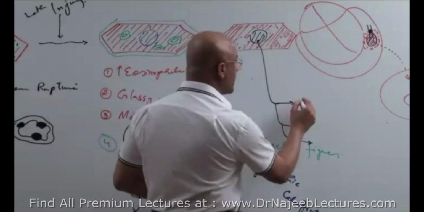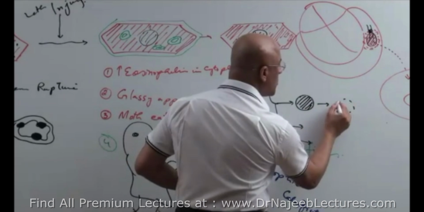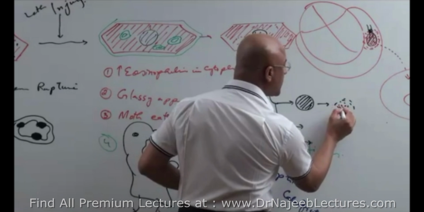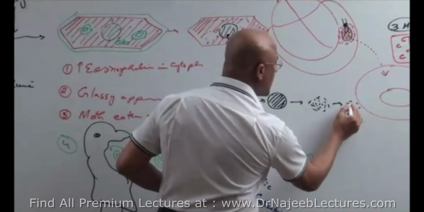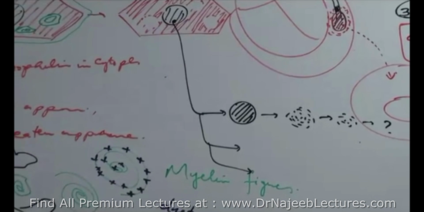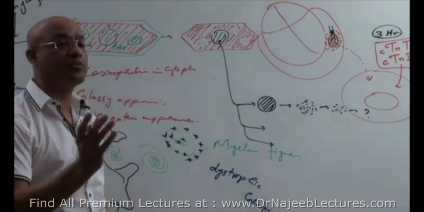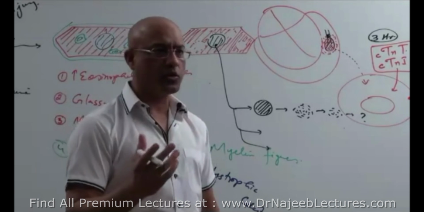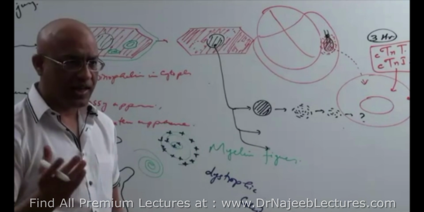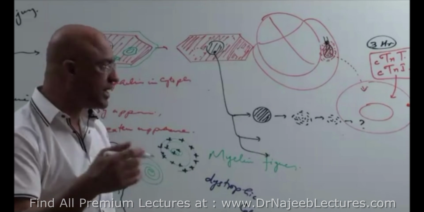Sometimes in some cells, suppose this is a nucleus, it gradually fades away and then disappears. In this process, in the necrotic cell, the nucleus becomes less and less basophilic, because normally the nucleus takes the basophilic color. Gradually it becomes less and less basophilic and then it fades away.